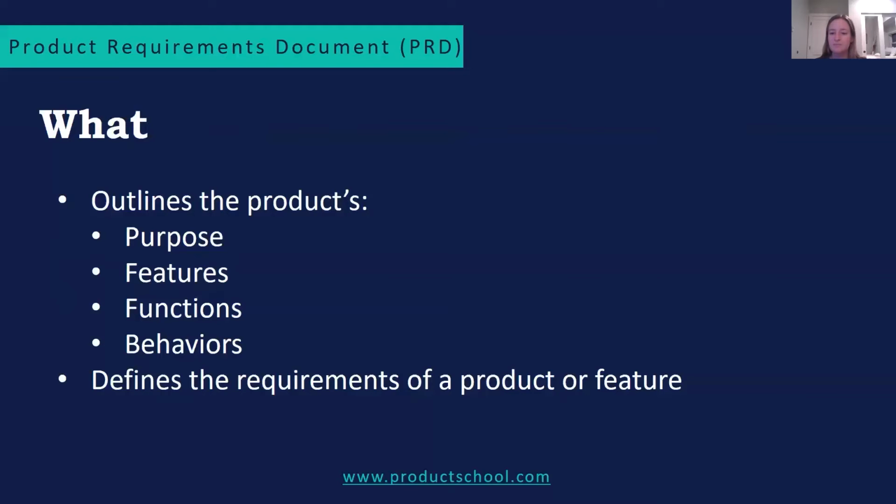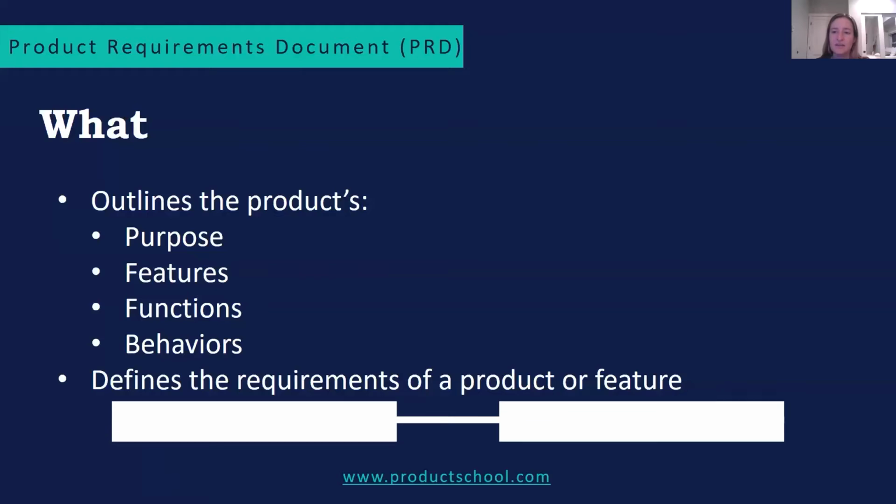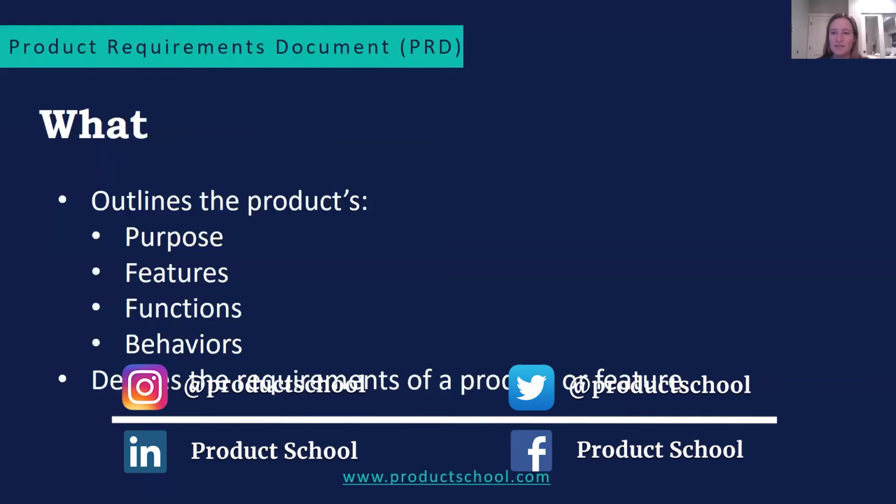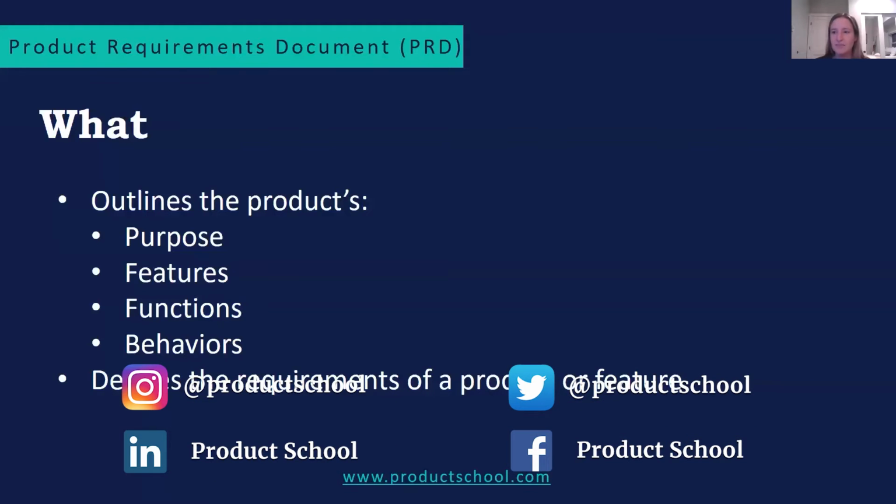The PRD should include an overview, or again, the purpose for the release, and the functional requirements, which I'll get into a bit more later. In addition, it should spell out any other ways the system or environments should react. Those are considered non-functional requirements, which I'll get into in a bit as well.